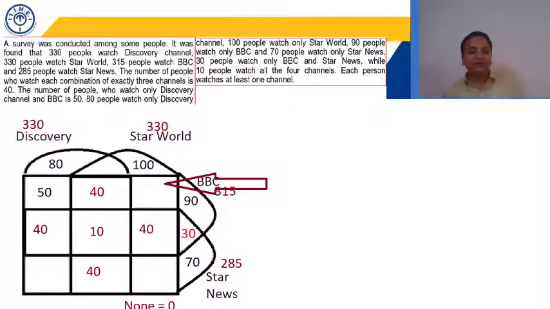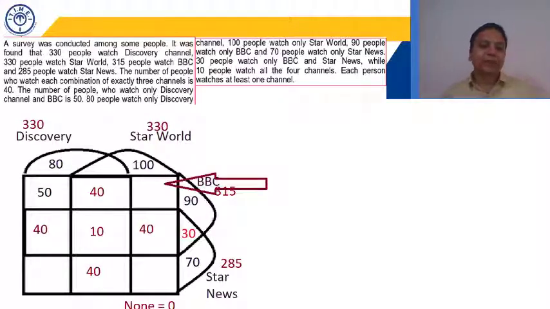BBC total is given as 315. So if we add all the regions, there are how many regions in BBC? 8, out of which 7 values we know. So if we subtract the sum of all 7 values from 315, we will get the value of this region.